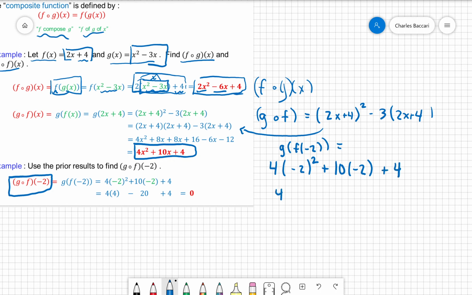So this is 4 times negative 2 squared, which is 4, plus 10 times negative 2, which is negative 20, plus 4. 16 minus 20 plus 4 is equal to 0. And so g of f of negative 2 is equal to 0.